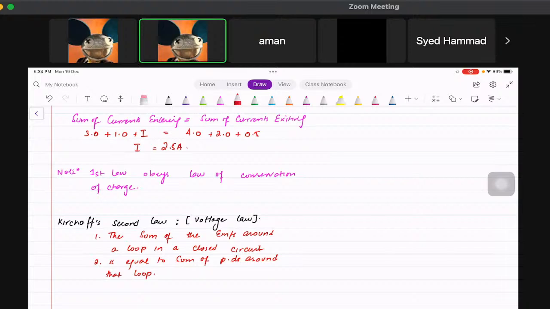Which basically means that whatever energy we gave in the circuit, the same amount of energy per unit charge is going out.